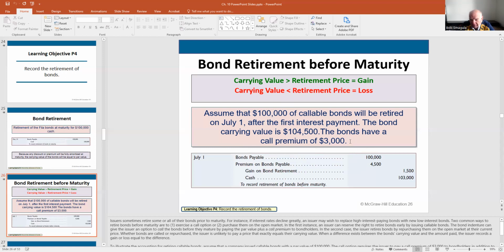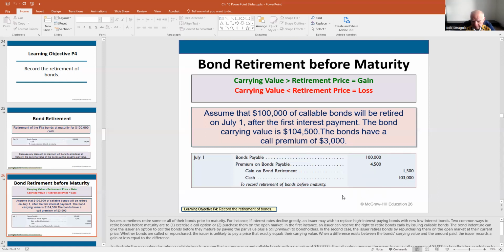The bonds have a call premium of $3,000, and the carrying value at the time was $104,500. $104,500 tells us that the premium unamortized is $4,500. We debit that $4,500, and we just plug the gain in. We add the debits, add the credits, and put in whether a gain or a loss.